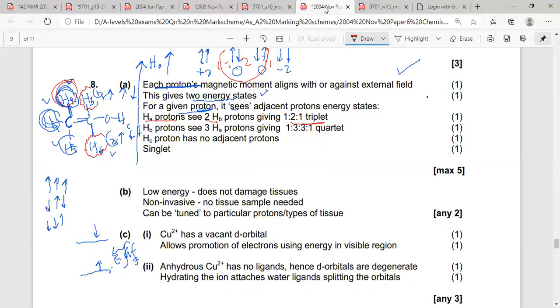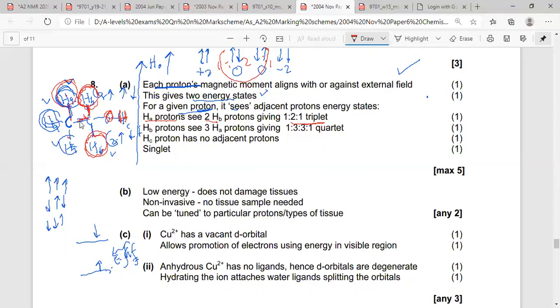Now HB. These two fellows here. I told you the oxygen here separates them. This one won't affect anybody, because oxygen is too electronegative, so it separates everything. It will block the field from H here. Now these three fellows here are adjacent: 1, 2, 3.